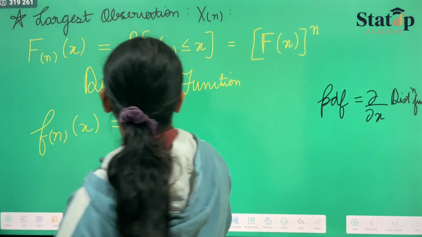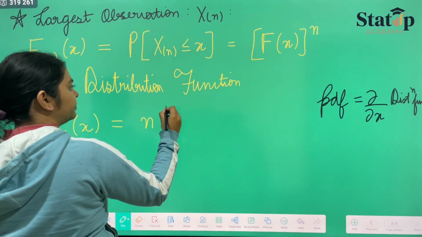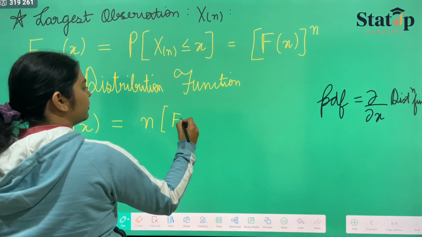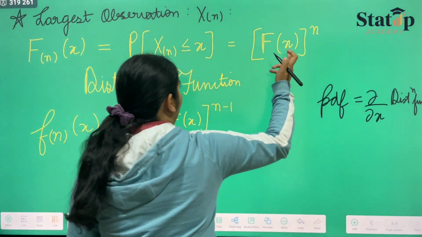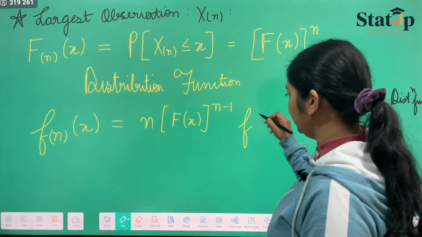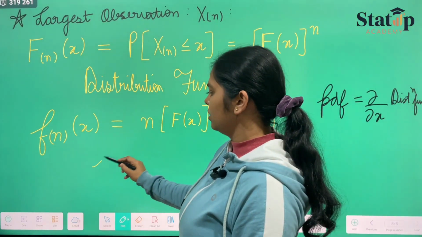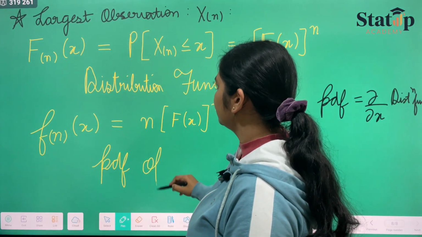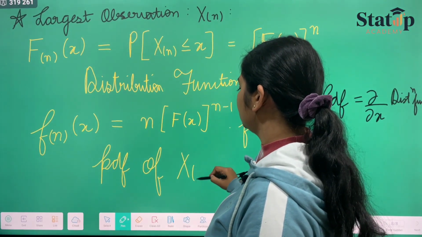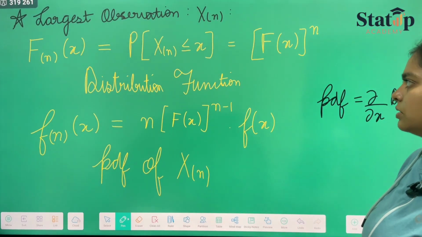So it will be the differentiation of this: n times Fx raised to the power n minus 1, times small fx. This will be our probability density function of Xn, the largest observation among the order statistics.